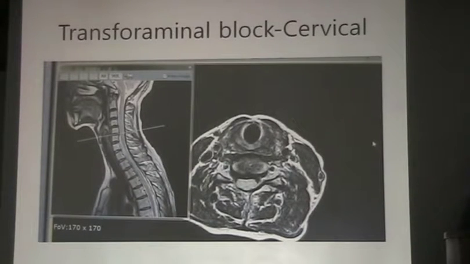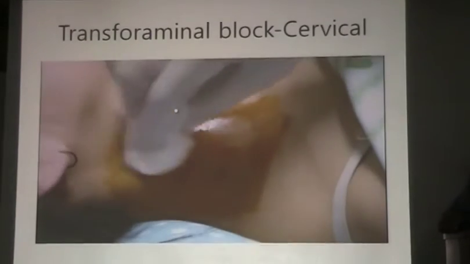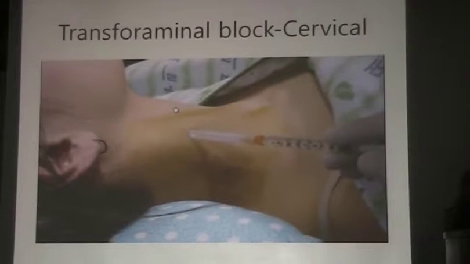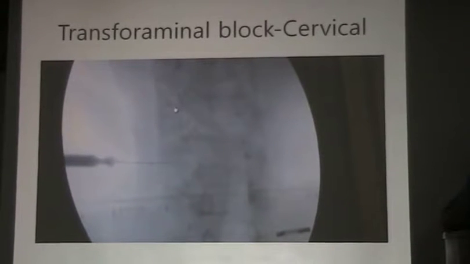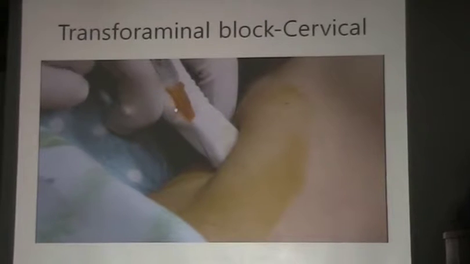And then this is an example of cervical transforaminal block, C5-6 disc protrusion. Simple preparation of the procedure, and make the entry point with the oblique view in cervical transforaminal block, and insertion of the needle to the target.